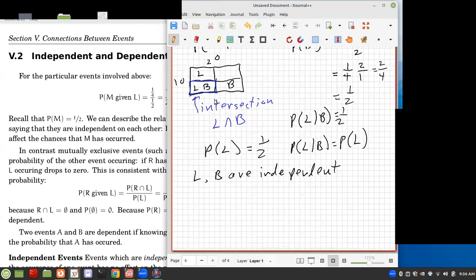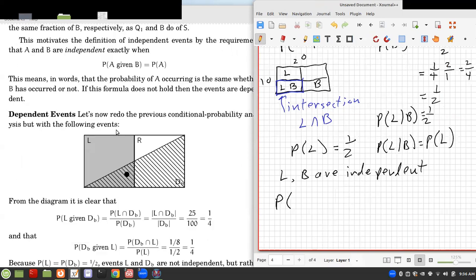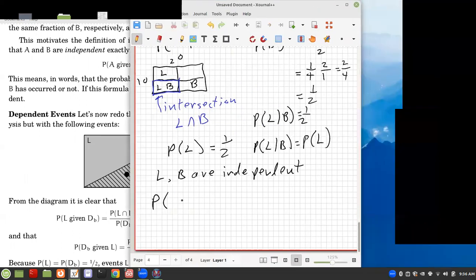To contrast this, let's look at the probability that it's in, well, let's see. I give an example in the text, and so maybe it's good to give that example. It's this one here. We want to give the probability it's in the left, given that it's in the bottom diagonal.